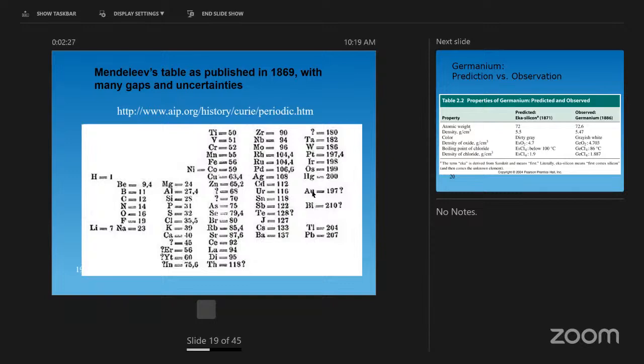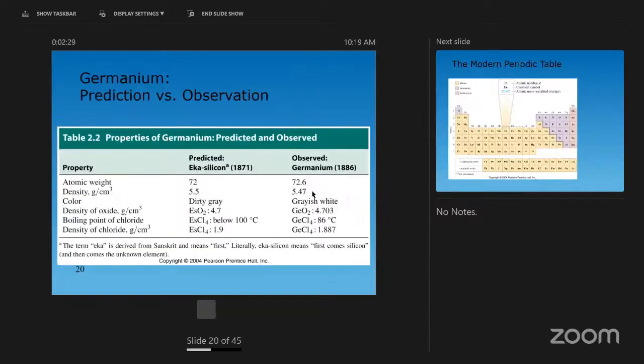The next slide shows the contrast between what was predicted and what was actually found as far as the properties of that element are concerned. Now, the element that we're looking at, many of these predicted properties.